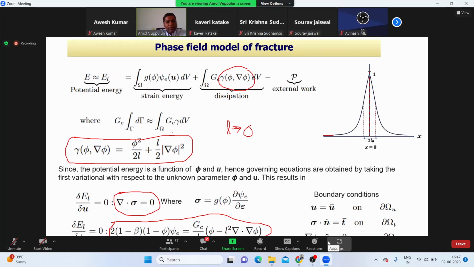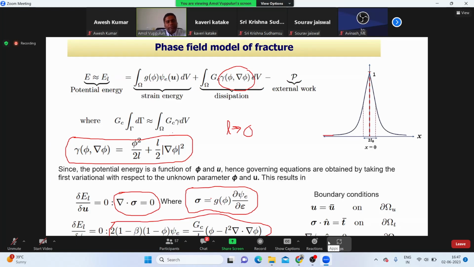Okay. Now the question is how sigma should look. Of course, sigma should take care of the damage, and sigma is not only the partial derivative of strain energy with respect to epsilon, but also accounts for damage through the degradation function g.